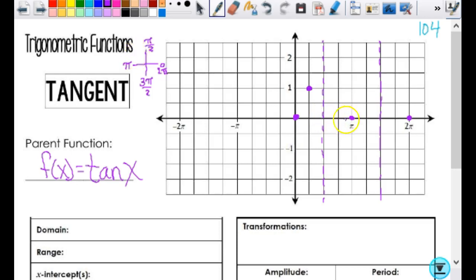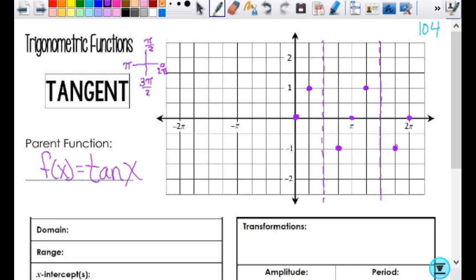So here, what's the tangent of 5 pi fourths? 1, +1, right? So at 7 pi fourths, which is in the 4th quadrant, is what? -1. Okay. So, the pattern there.